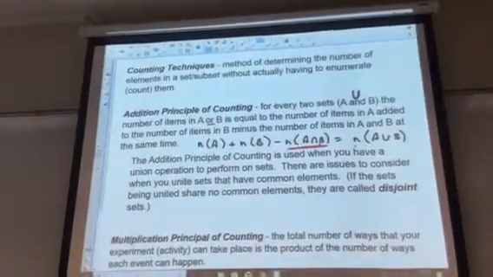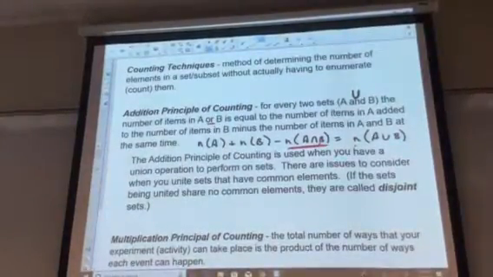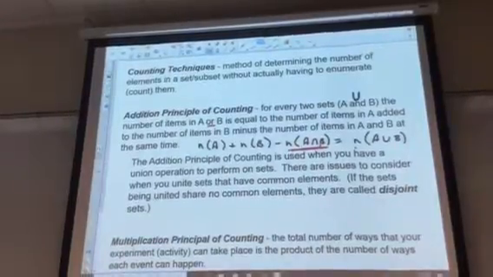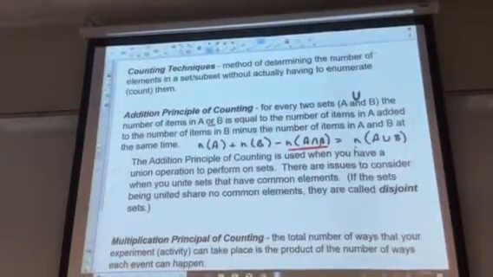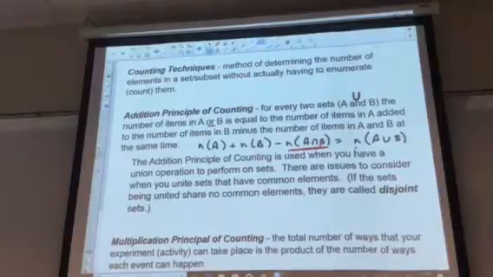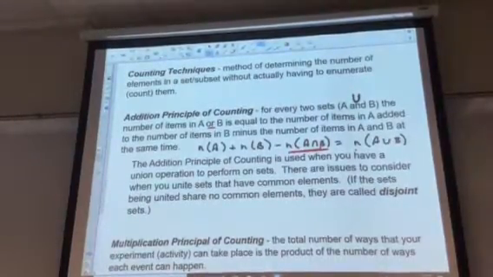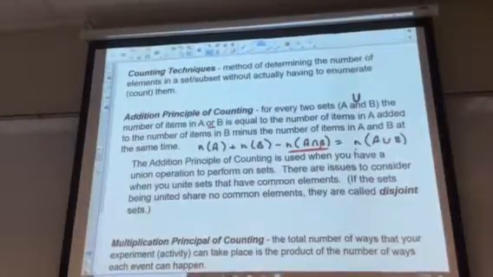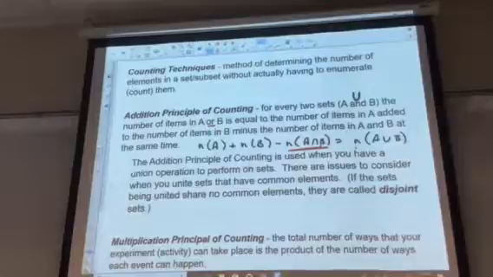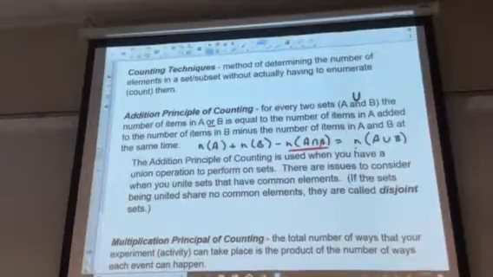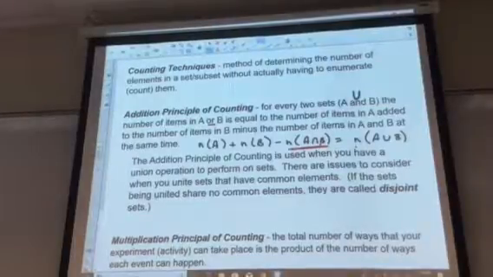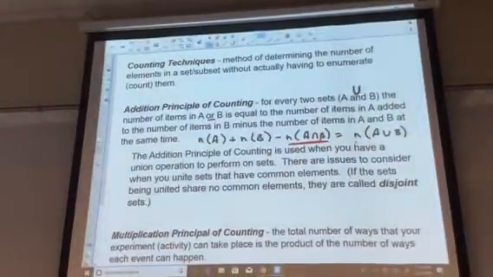Here's set A. Here's set B. Two questions. What do A and B share? So A and B share, that would mean they would share the values of 2 and 4, correct?